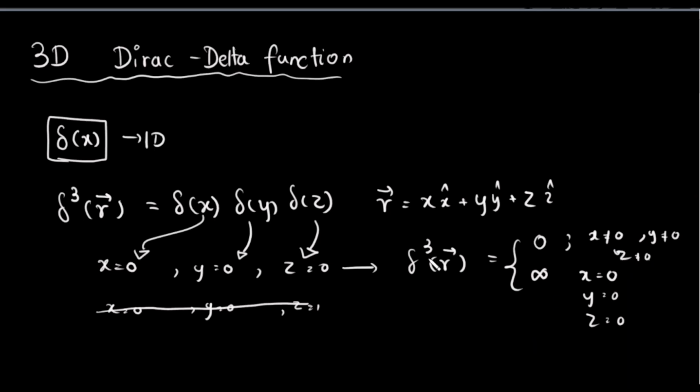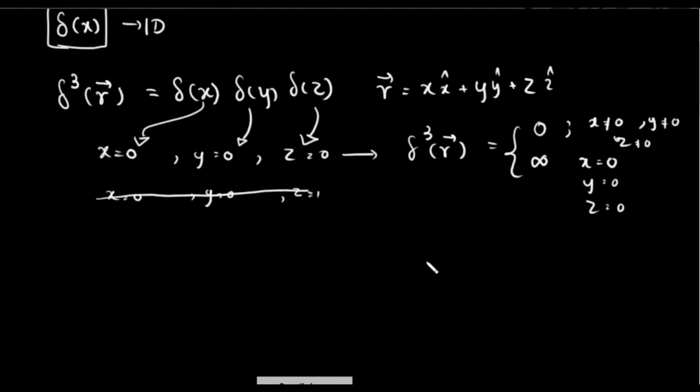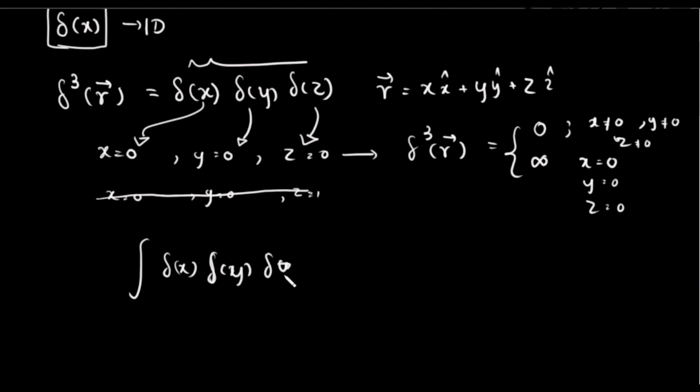Okay, now we have three delta functions, because we have delta x, delta y, delta z. So if you integrate these three delta functions with respect to x, y, z, you have to integrate three times.